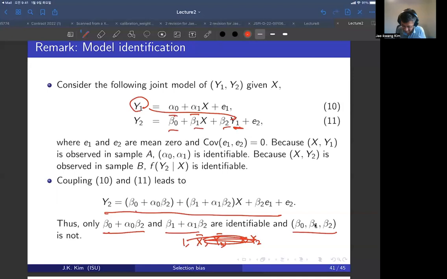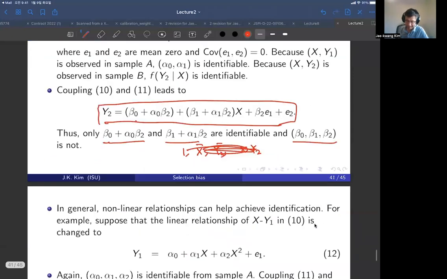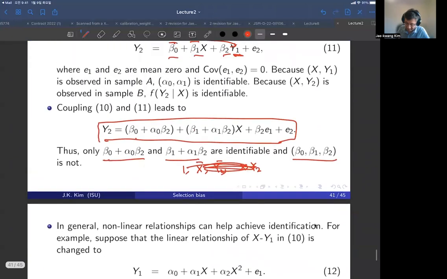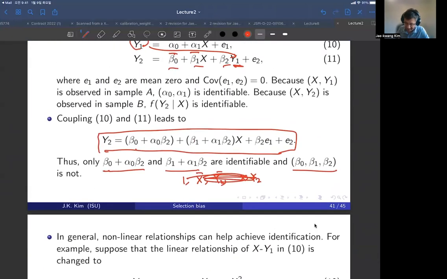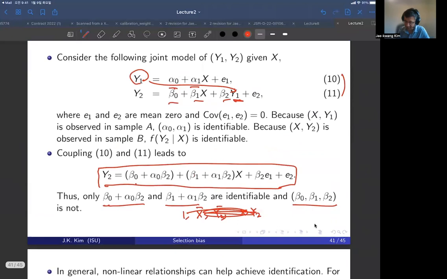This is all the information you have. So different parameter values can construct the same model. So you cannot really identify the model. So this is not really an identifiable model.